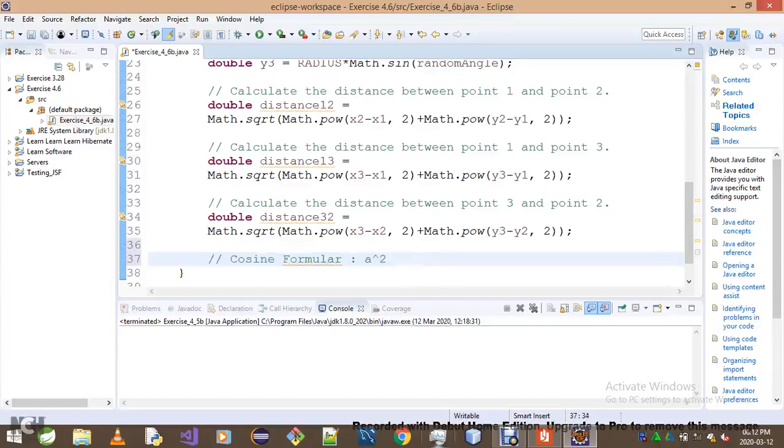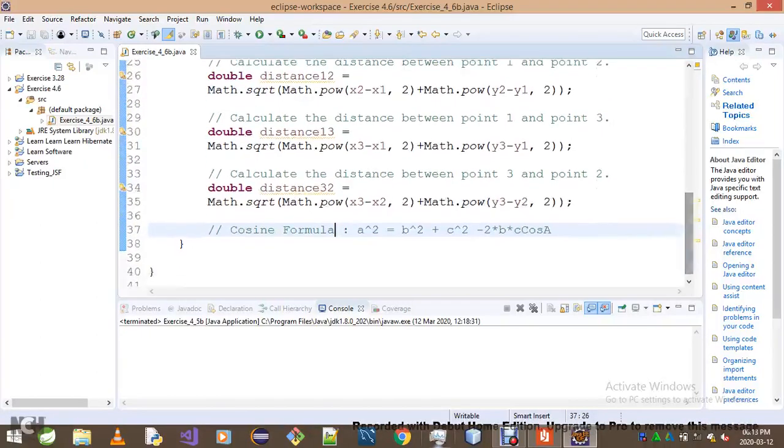So a squared is equal to b squared plus c squared, forgot putting it to here, minus 2 times b times c, and then go cos A. Right? I hope that is okay.